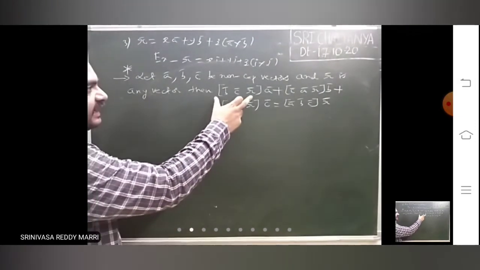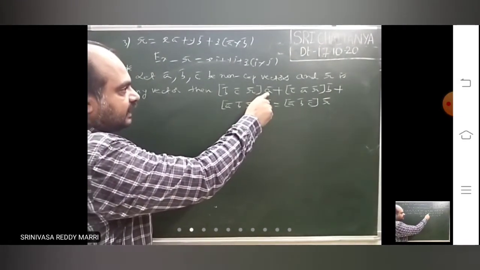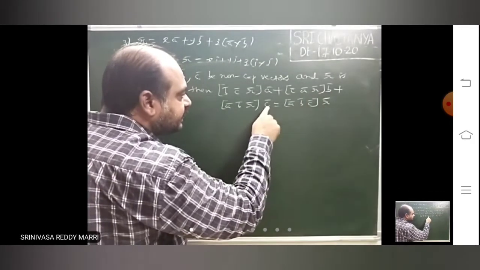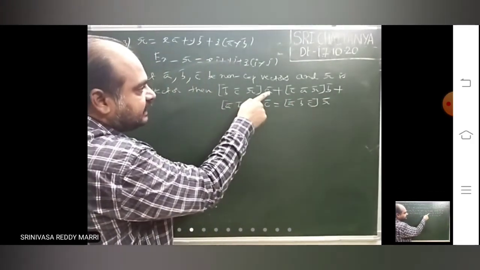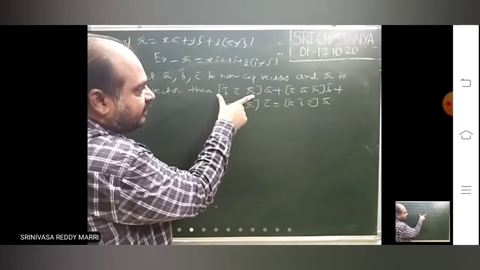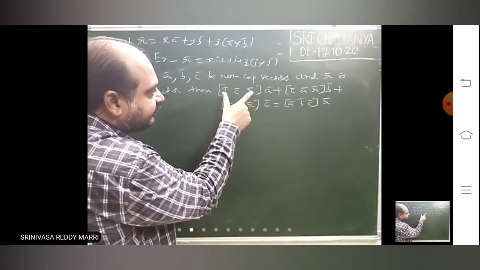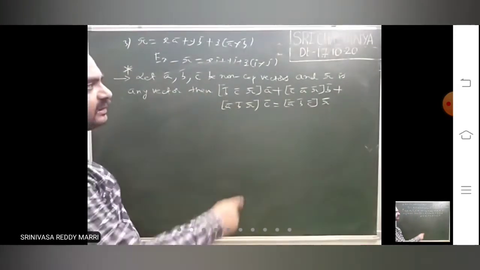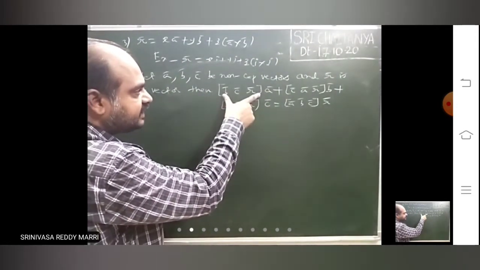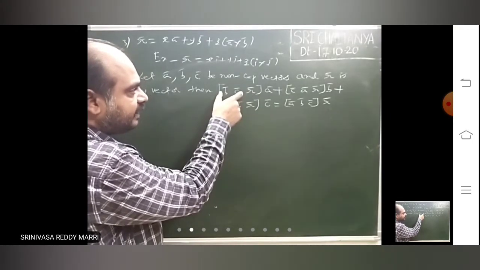So in this left hand side relation, A bar, B bar, C bar are there. In the first, what is the A bar coefficient? The scalar triple product in which R bar is common in all the terms. The A bar coefficient is R bar, B bar, C bar.